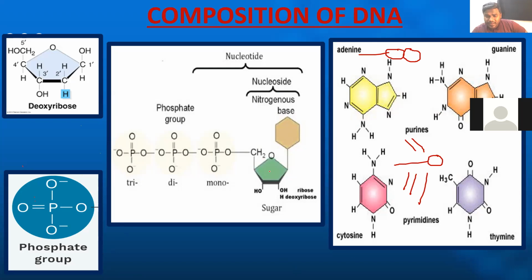All of you pay attention. This is the sugar, right? The first carbon of the sugar, which carbon, my friends? The first carbon of the sugar is associated with the nitrogenous base by a bond. What do you call that particular bond? We will be calling it an N-glycosidic bond.